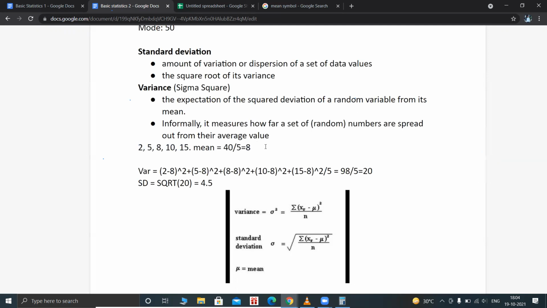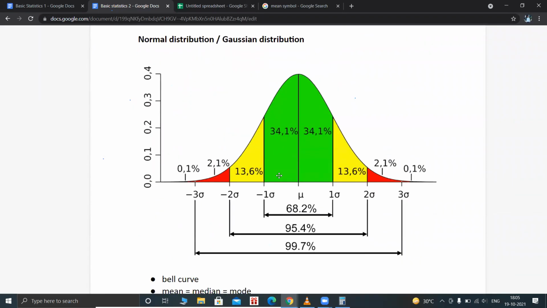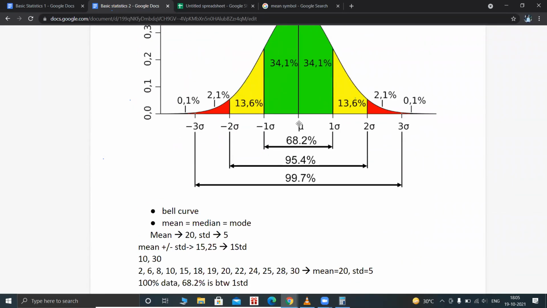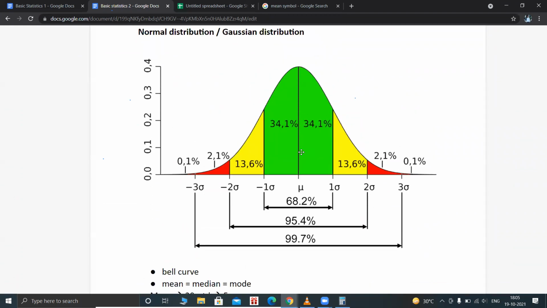Now just tell me, what is the one standard deviation range, guys? No, I want points, not just 68.2. See here, I have this mean. I told you 68.2% of the data lies within one standard deviation, right?